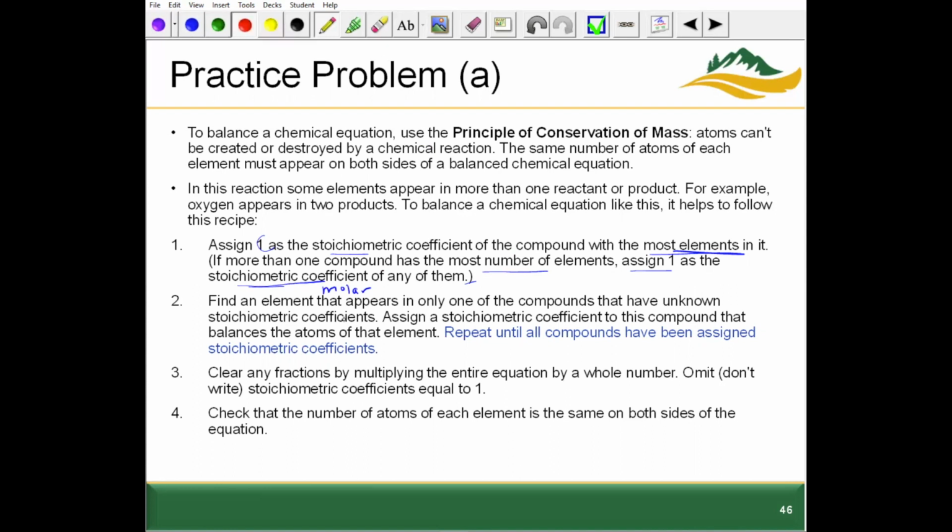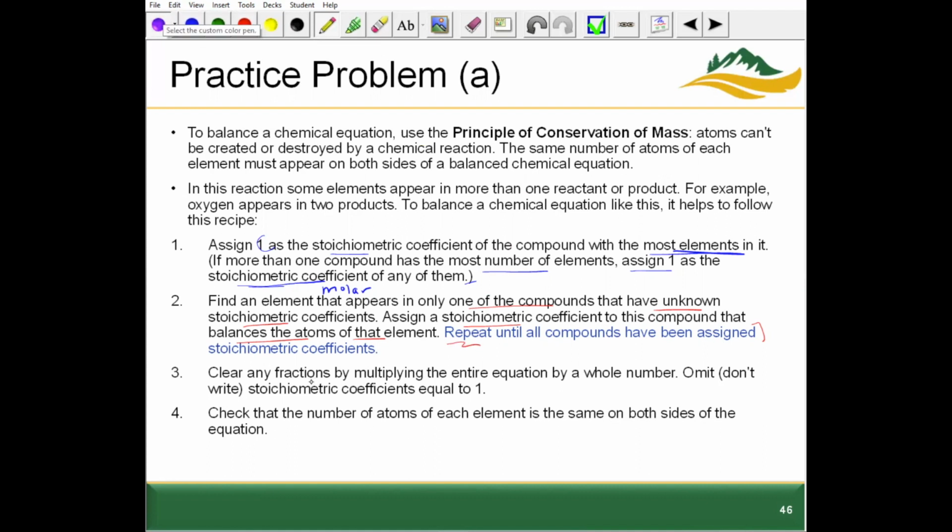Then we'll find an element that appears in only one of the compounds that have unknown stoichiometric coefficients. We'll assign a stoichiometric or molar coefficient so that that balances the atoms of that element. With interfering coefficients, we're going to need to do some trial and error and repeat this a few times.